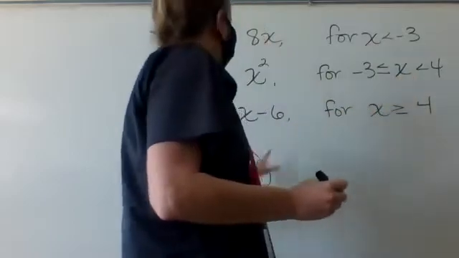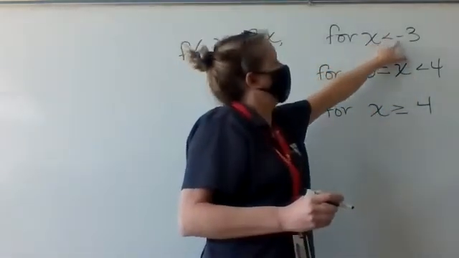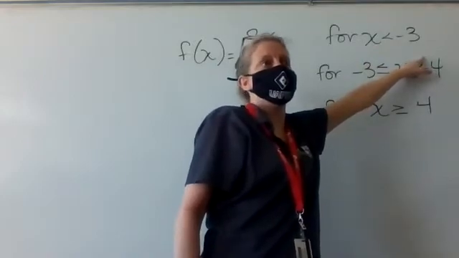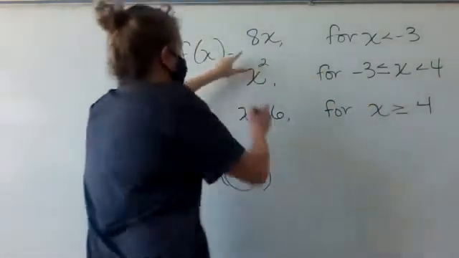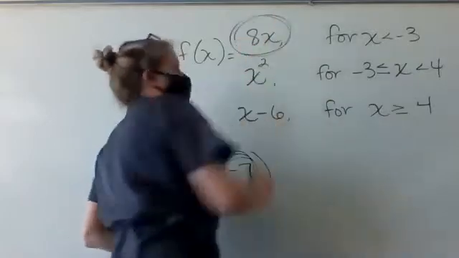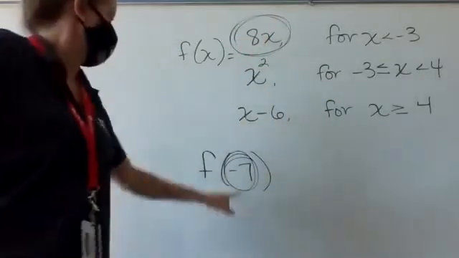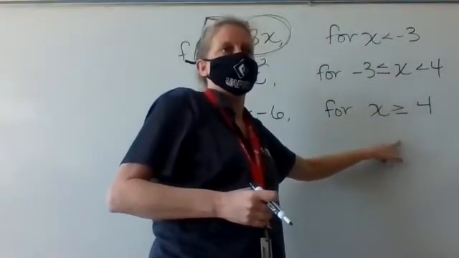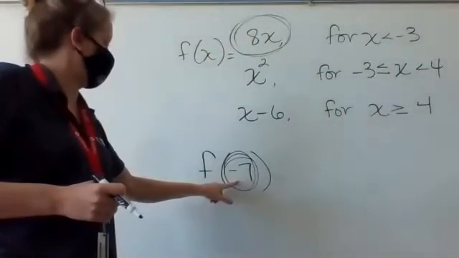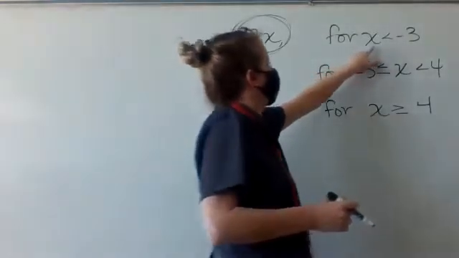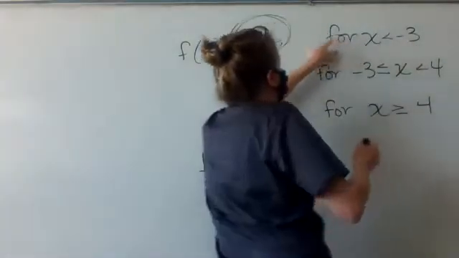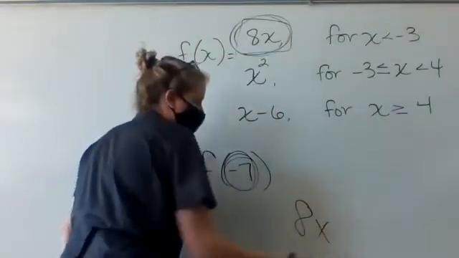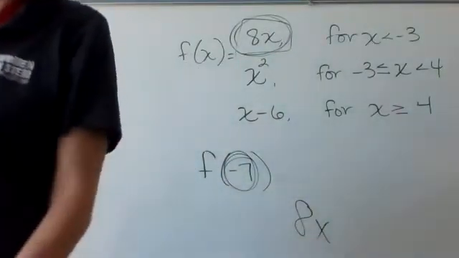So is -7 less than -3? Yes, it is less than it, right? Which means that for -7, you are going to be in that piece. This number will only fit into one of these. Since -7 fits into the less than -3, that means the -7 is going to go in the 8x piece.